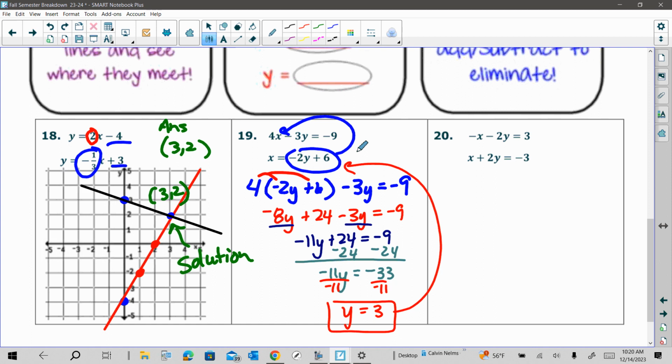So this is basically saying -2 times 3 plus 6. Well, this is -6 plus 6, which turns into 0. This is your x. So your ordered pair, your answer here, is (0, 3).